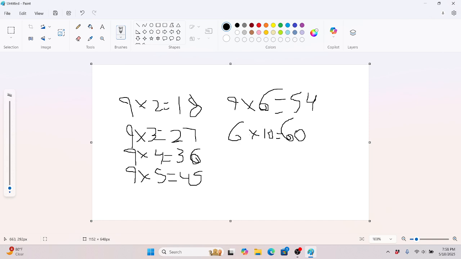So you know 6 times 10 is 60, minus 6 is 54. That's another way to do it. There are lots of tricks to do multiplication. I don't know how to erase on this.